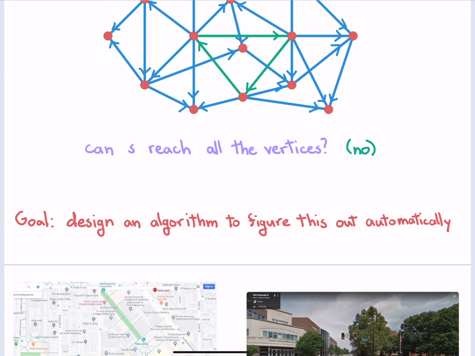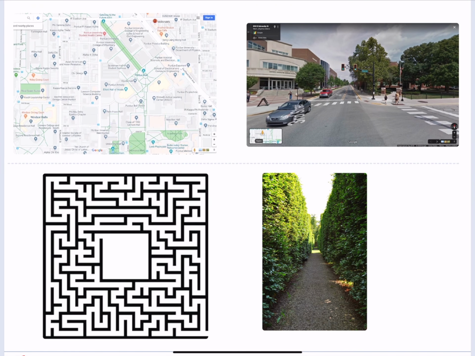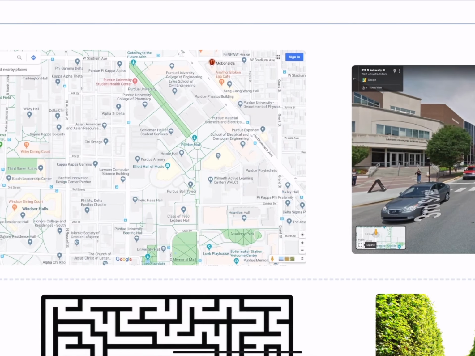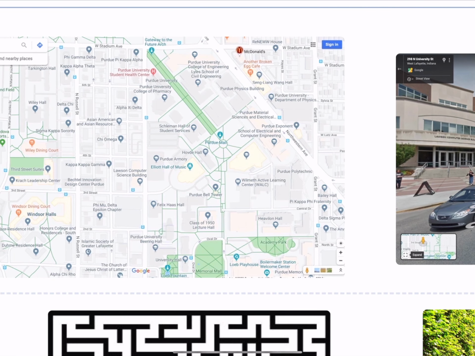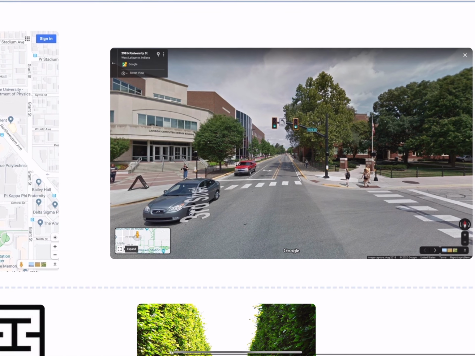One thing I want to point out: if we're just looking at a map here, it's pretty easy to tell whether you can reach from point A to point B or not. But this is partly deceptive because you have a bird's eye view of the whole thing. The perspective of the algorithm is more like using Google Street View, where you're looking at one node and its edges at a time and gradually building up some information.